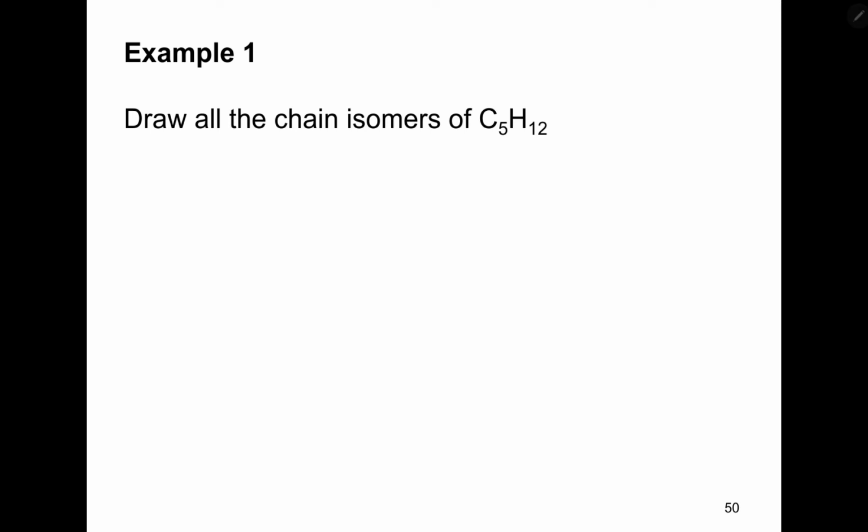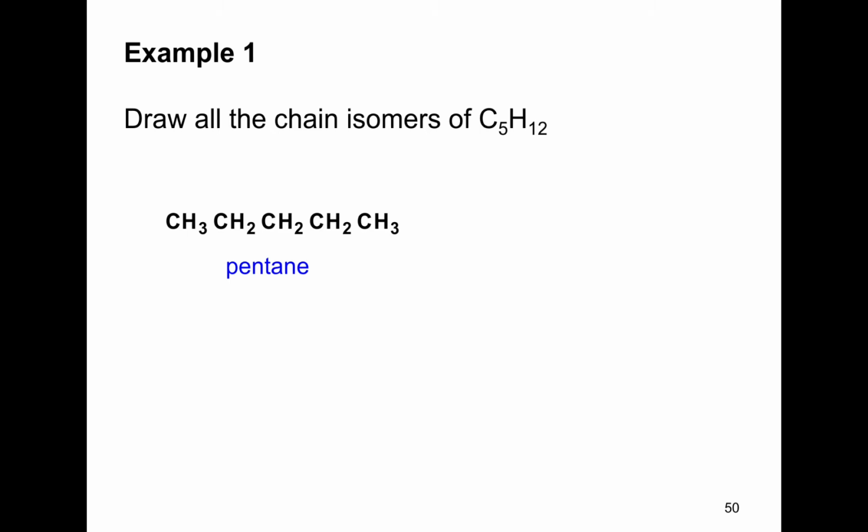So C5H12 is the molecular formula. So all isomers that we are going to draw should have 5 carbon atoms and 12 hydrogen atoms. So this is the first structure. We have 5 longest continuous chain of carbon atoms for the first structure.